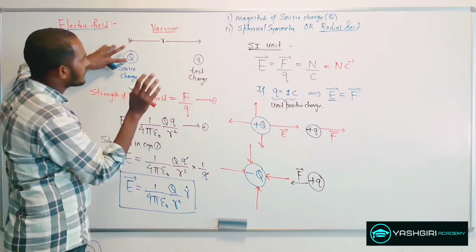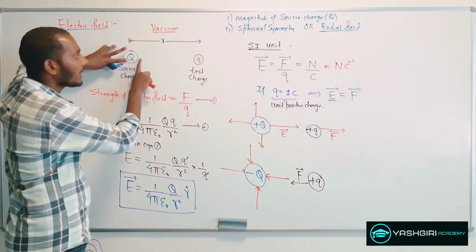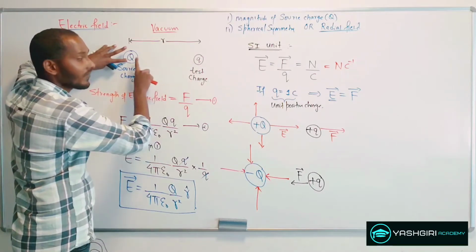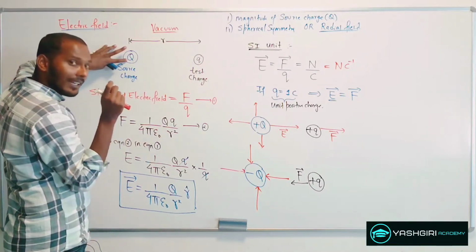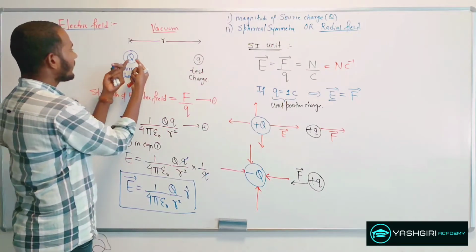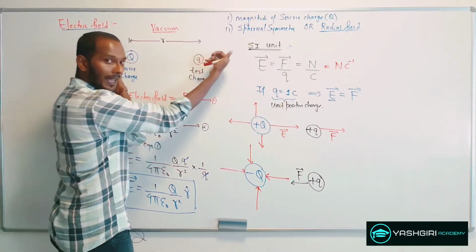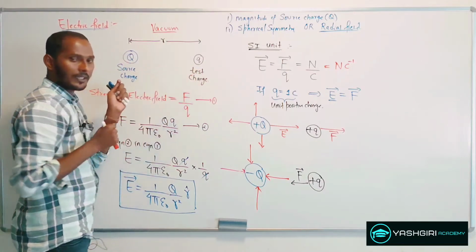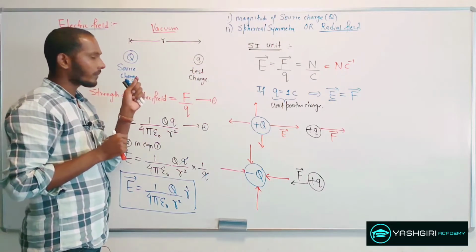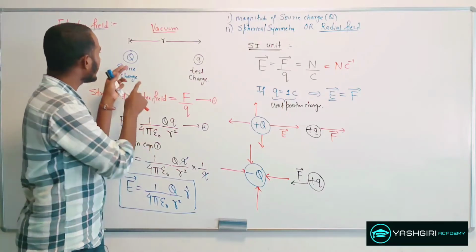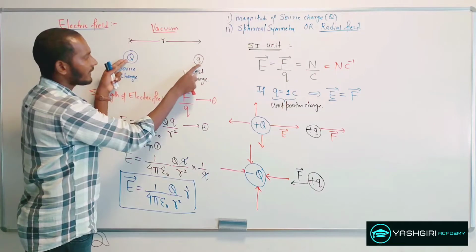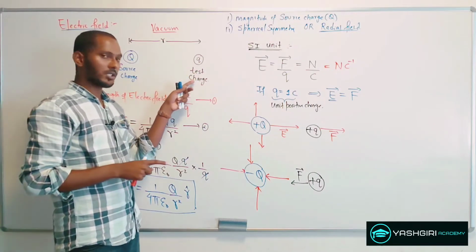If you are considering a similar charge on both these bodies, say capital Q and small q, of the same magnitude, then if they are positive charges, they will repel, and if they are of opposite sign, they will attract each other. But here, we are interested in measuring the strength of the electric field for capital Q and not for the test charge. This is just a test charge.